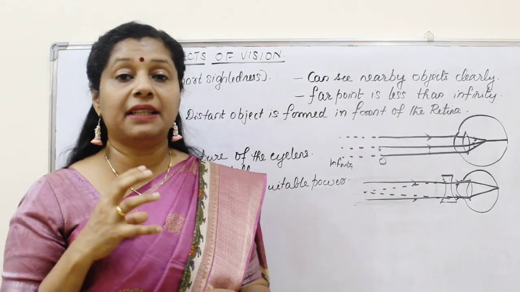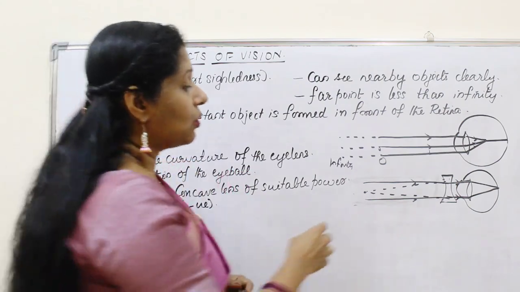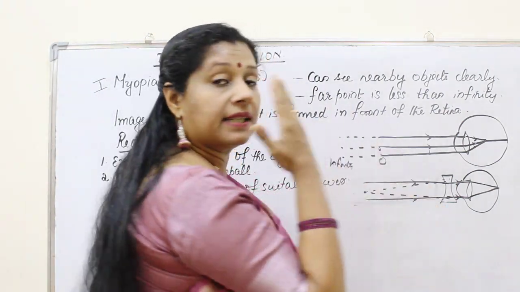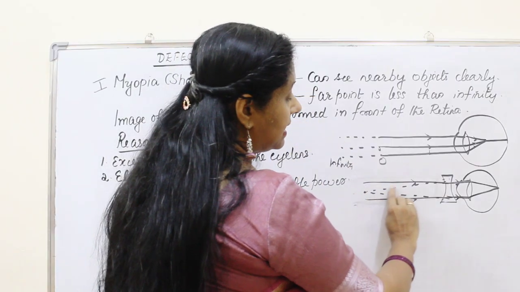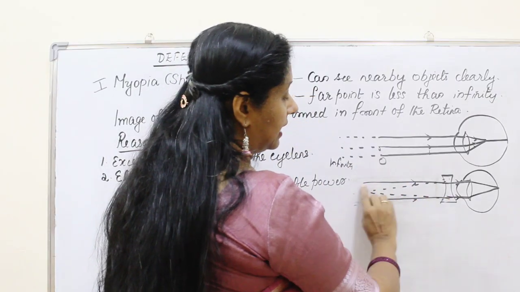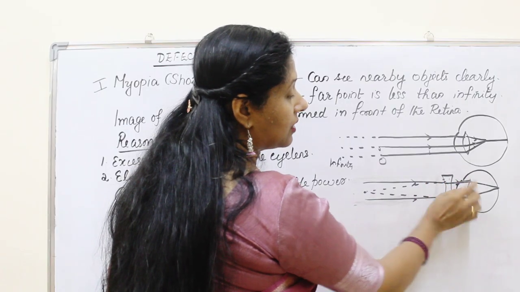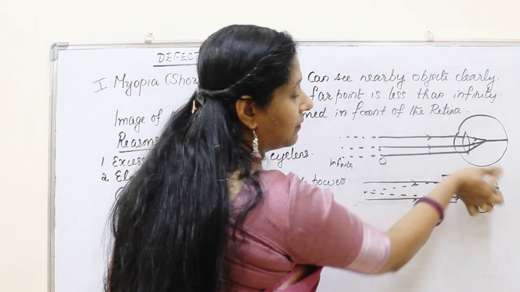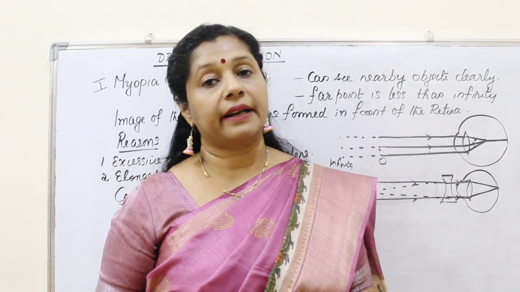So for people with a myopic eye, concave lens with a suitable power is used. Once you keep a concave lens in front of your eyes, what happens? The light coming from the infinity, that is the parallel lines, will be diverged a little so that it is widened, then it is converged to the retina. As a result the image falls on the retina.